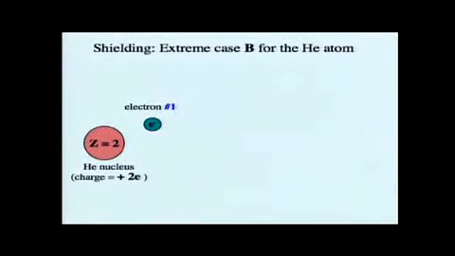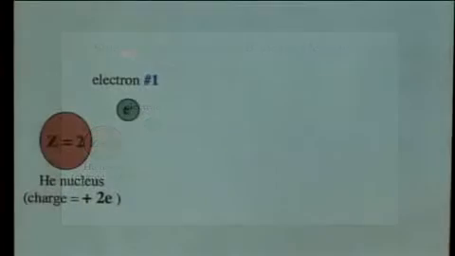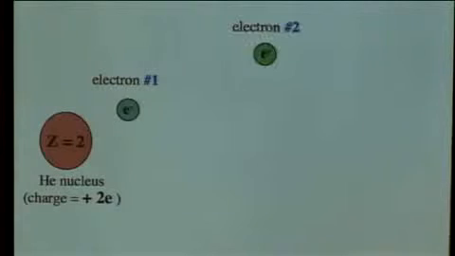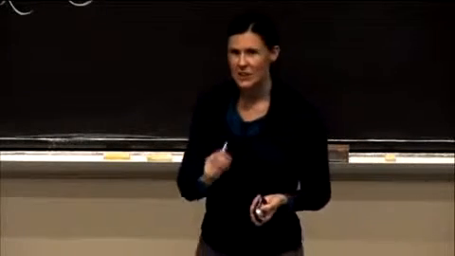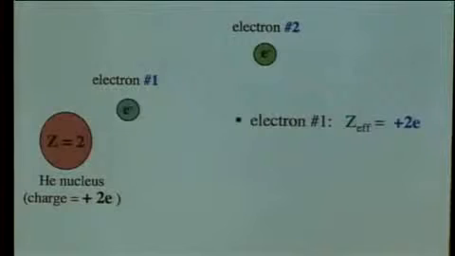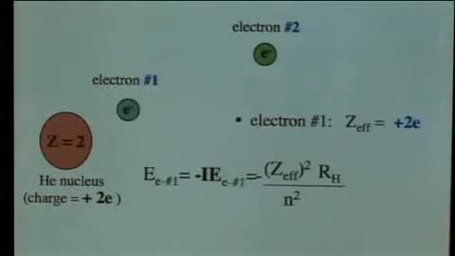All right, let's consider now the second extreme case, or extreme case B, for a helium atom. Again, we have the charge of the nucleus at +2, but let's say this time the electron now is going to be very, very close to the nucleus. And let's say our second electron now is really far away, such that it's actually not going to shield any of the nuclear charge at all from that first electron. So what we end up saying is that the Z effective, or the effective charge that that first electron feels, is now going to be +2. Again, we can just plug this into our equation.